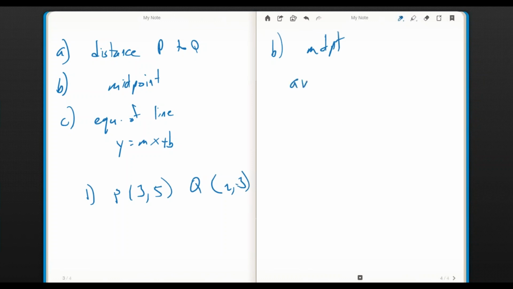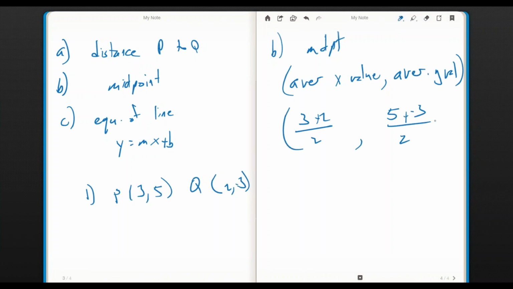So think of the midpoint as being the average x value and the average y value. So the x values are 3 and 2. To find an average, I add together, divide by 2. The y values are 5 and -3. If I add them together and divide by 2, that's an average.